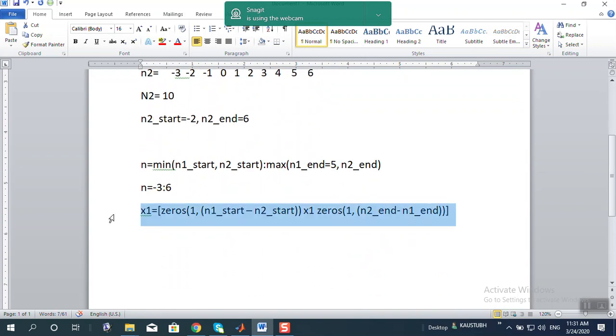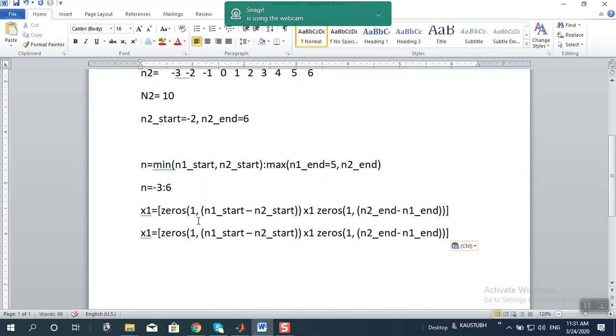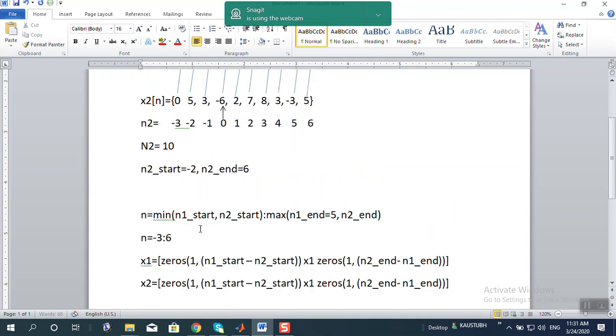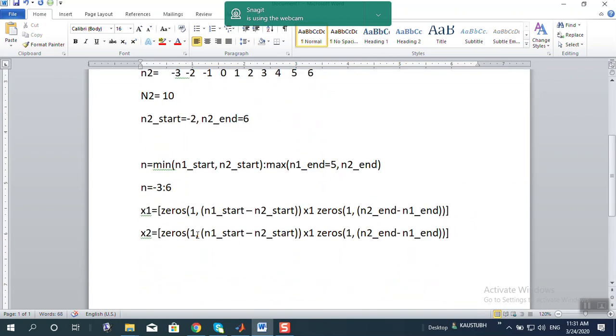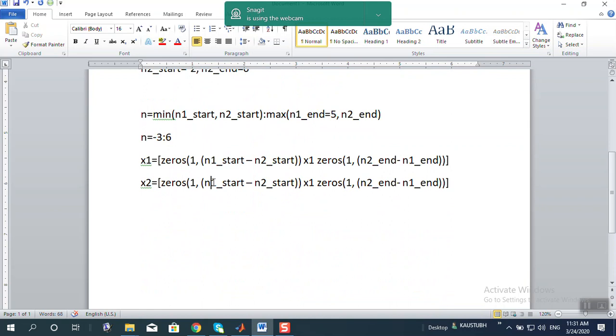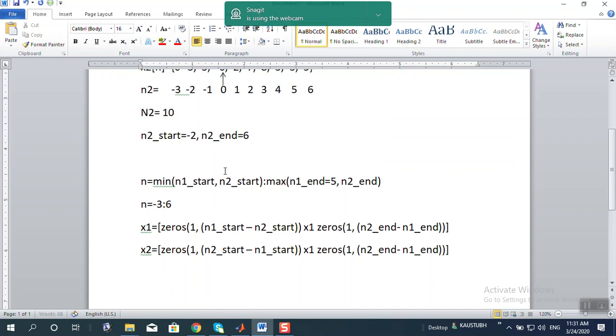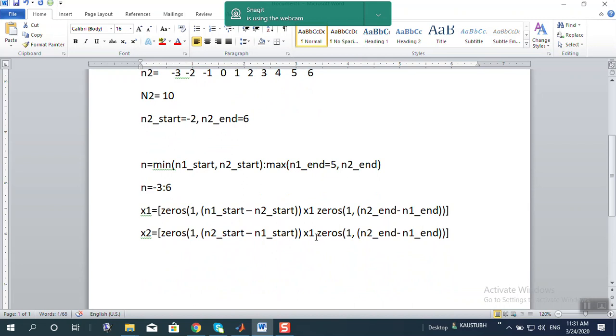Similarly, you just modify this for x2. For x2, as you can see, at the beginning you need to put a 0. Here it will be just the opposite: n2 start minus n1 start. n2 start is -2, n1 start is -3, so -2 plus 3 is 1. So there will be 1 zero at the beginning, and then the original values of x2.